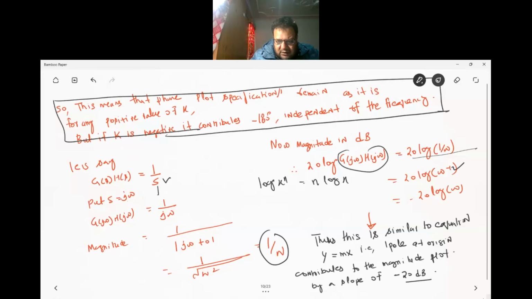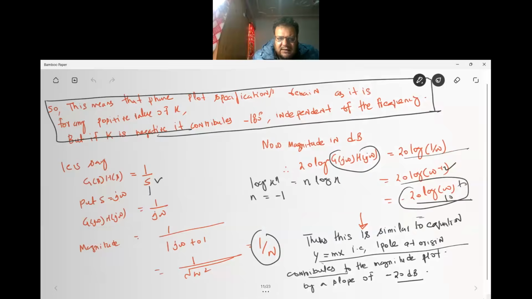You notice the n value is equal to minus 1, so you can write this as minus 1 into 20 log omega. This is similar to the equation y equals mx. That is one pole at the origin. Now you see it is contributing minus 20 dB per decade, because log of 10 to the base 10 is 1.